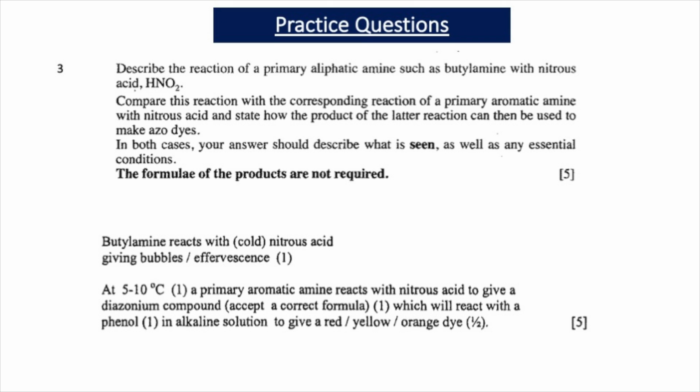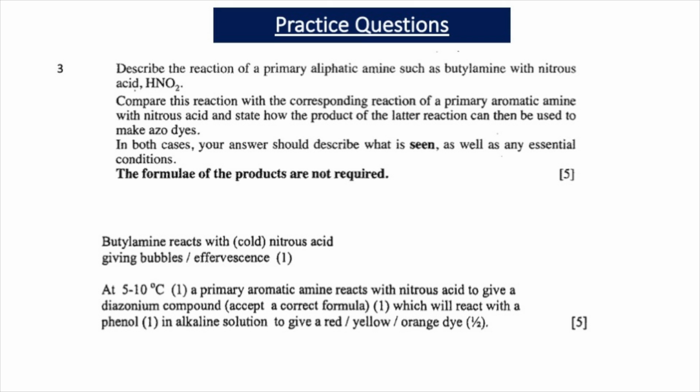Now, if you then went on to say that this diazonium compound, or diazonium salt, or benzene diazonium chloride, goes on to react with phenol or naphthalene 2-ol, or even an aromatic amine, and this normally takes place in alkaline solution to produce an azo dye, which is red, yellow, or orange, you get the remaining marks.